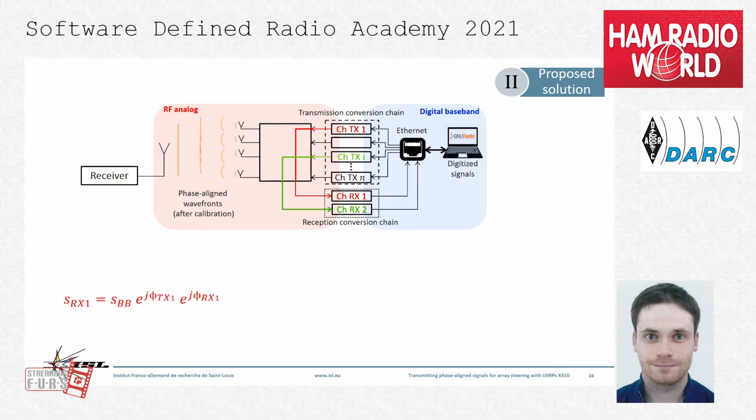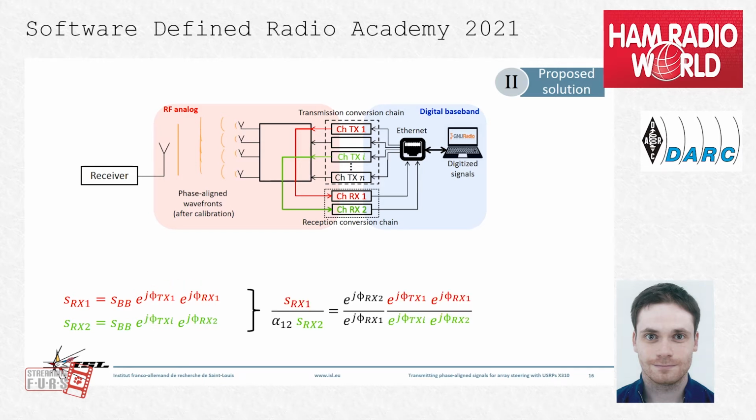Now, if we compare the expressions of the looped signals, they now differ by 2 terms. But thanks to the information we retrieved from step 1, we are now able to isolate only the terms induced by the transmitting conversion chains and compute them so that we can finally compensate for them in software.